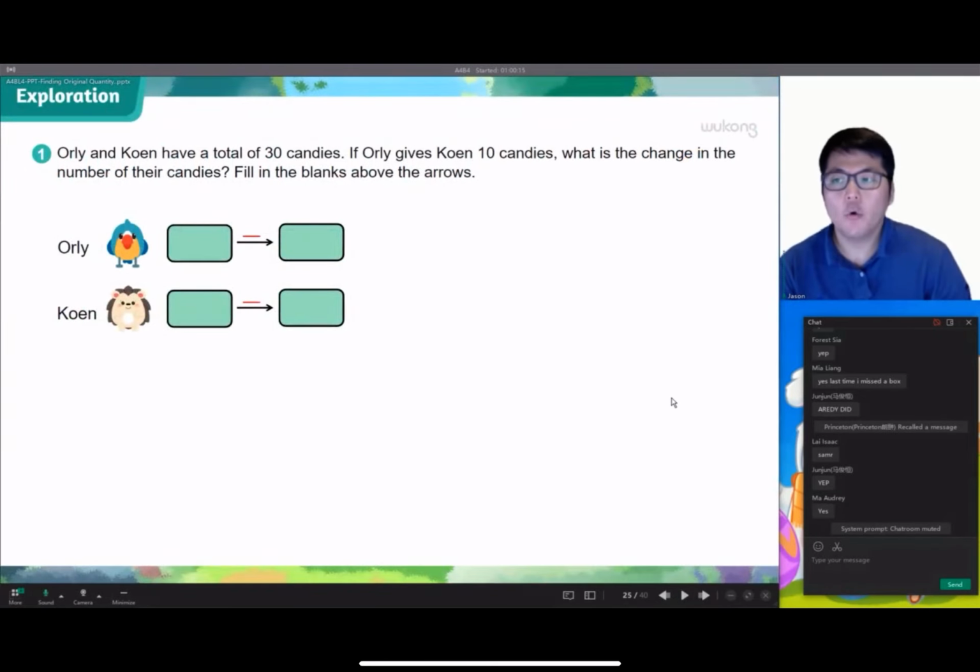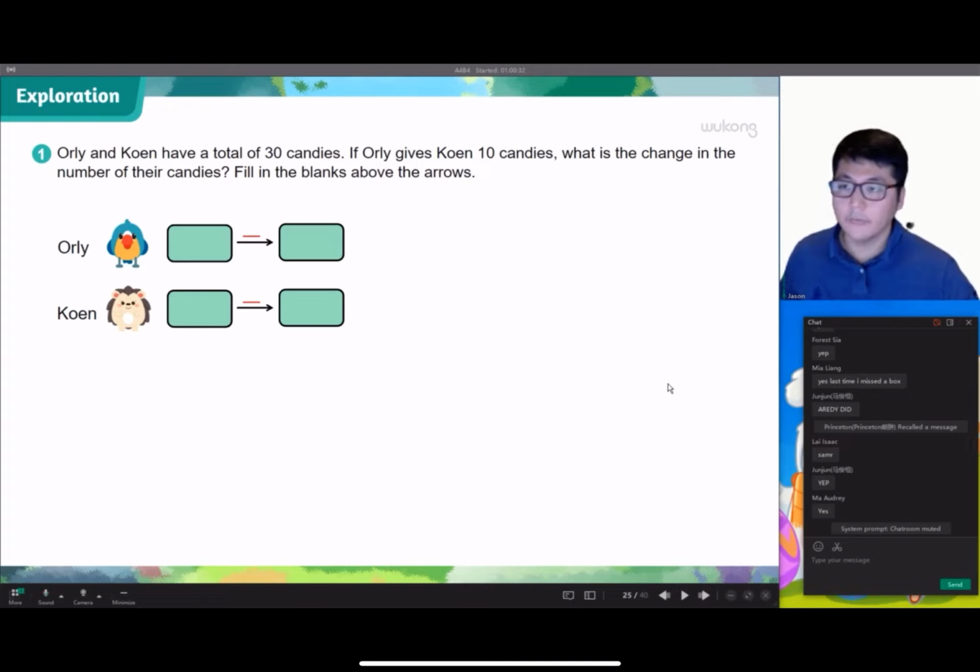So, guys, Oli and Cohen have a total of 30 candies. If Orly gives Cohen 10 candies, guys, what is the change in the number of candies? You need to see what happens if they actually give some candies to each other.